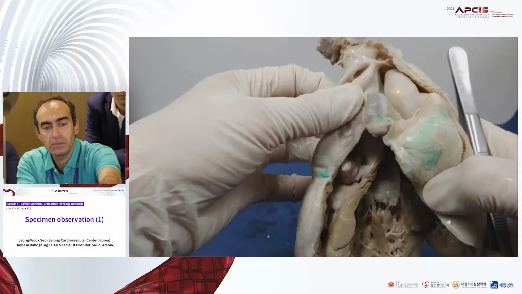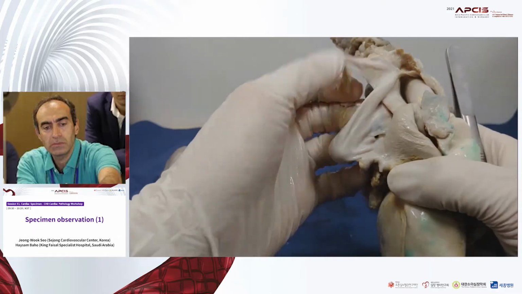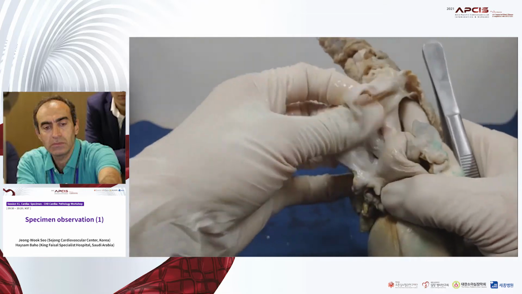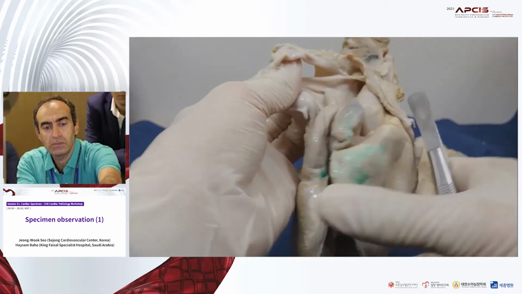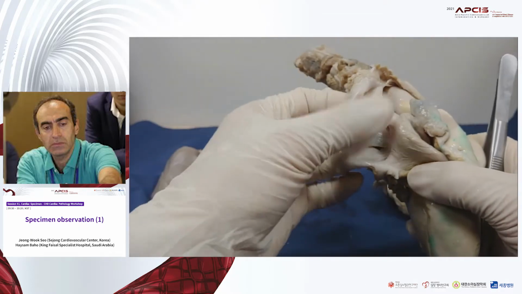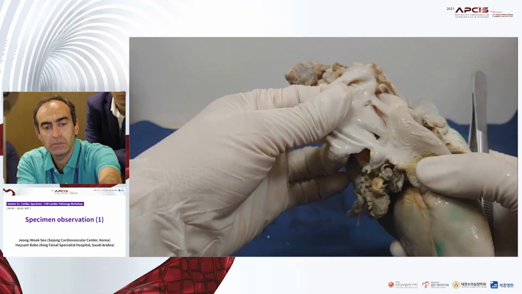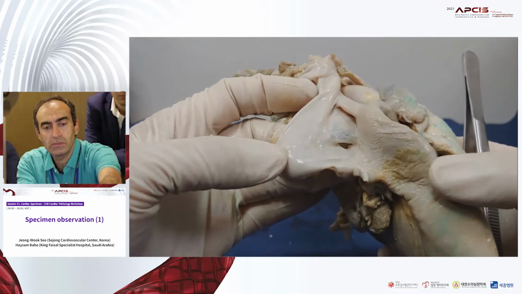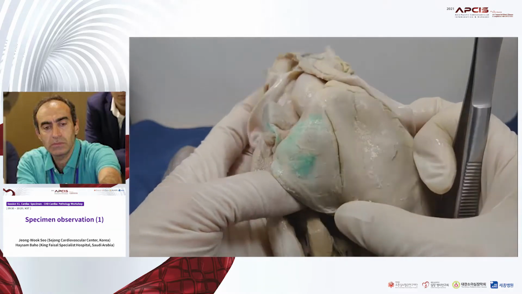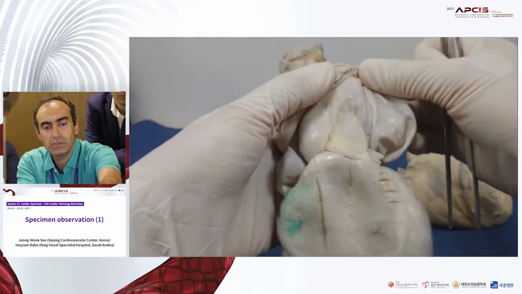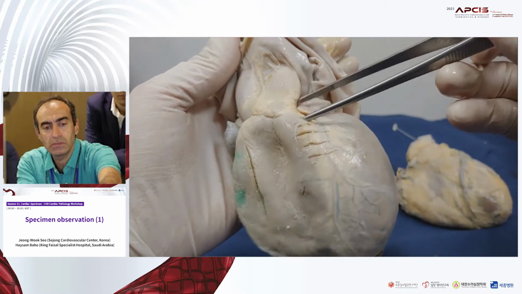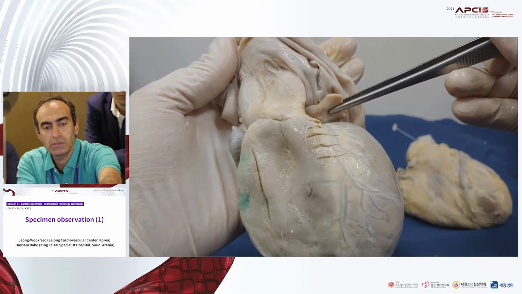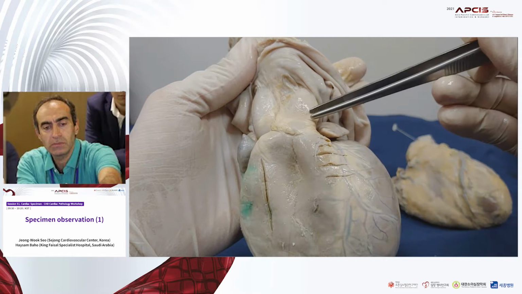And if we turn the heart and look at the posterior aspect of the pericardium, we'll see the distance of where the superior vena cava is covered with the pericardium. Here, if we put a probe in, this is the left atrium and this is the pulmonary trunk.